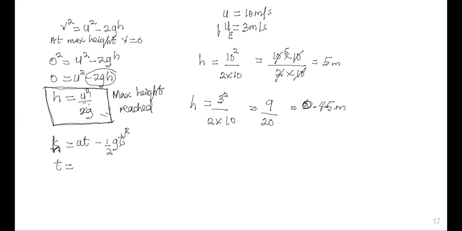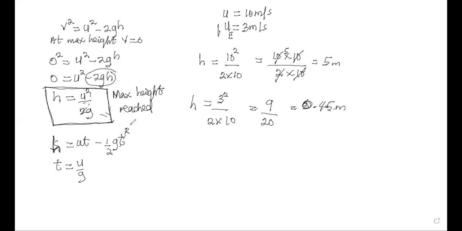What formula was obtained for the time taken to reach the maximum height? T is equal to U over G. So T is equal to U over G. Substitute T into this equation.